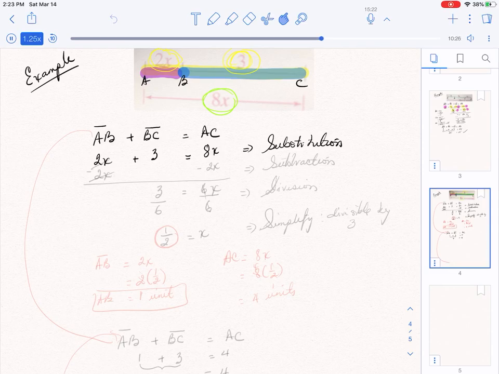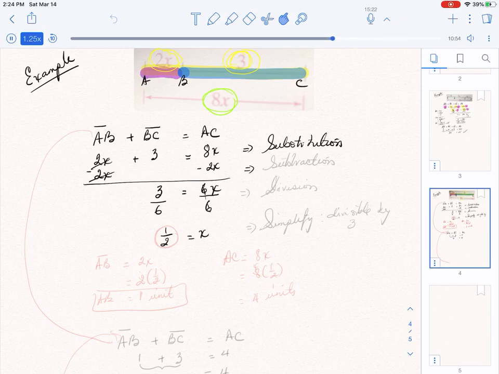So I'm going to do the inverse operation. I want to solve for x, so I'm going to get rid of the 2x by bringing it to the other side. I'm going to have 6x. Then I want to isolate x by itself, so I'm going to divide by 6.